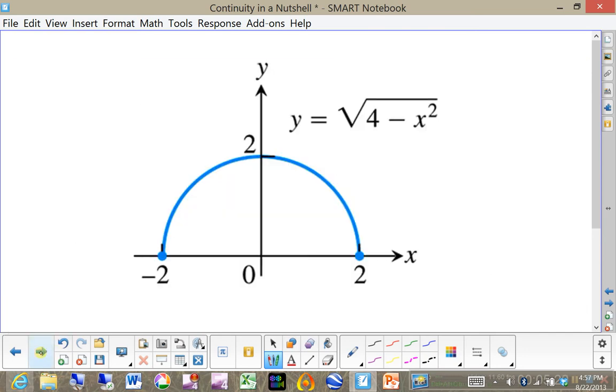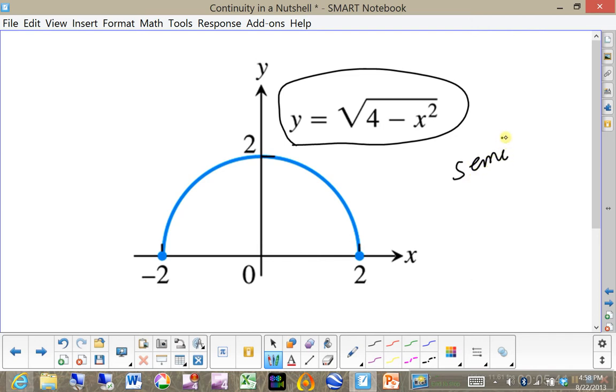Now I'm just going to show you some examples of continuous functions. This is the function y equals the square root of 4 minus x squared, and it's a semicircle. You probably remember from college algebra that the equation of a circle with radius of 2 would be x squared plus y squared equals 4.